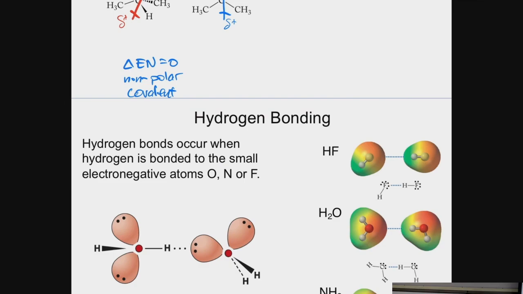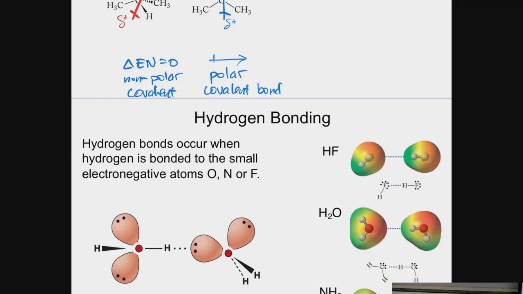But then when we get differences in electronegativity, we end up with our polar bonds. That gives you a dipole moment. All right, so this is what we would have for a polar covalent bond. And then at some magic point, the difference in electronegativity is so great that it's no longer a dipole. You're not unevenly sharing electrons.